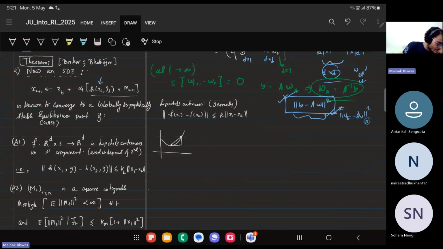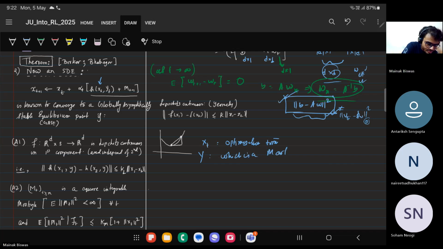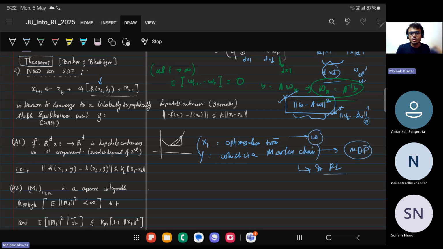One is the x_t term that you are optimizing over. x_t is the optimization term. And you have y_t, which is a Markov chain. This is exactly the two things I have in an RL problem. This is my w and this is my MDP. Do you agree? These are the two things I want to consider.